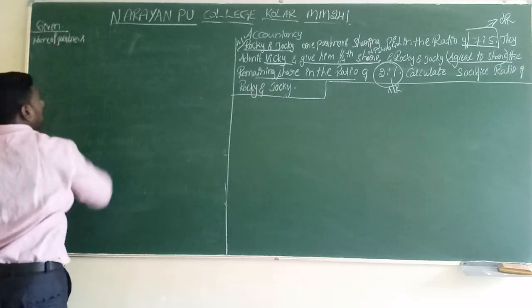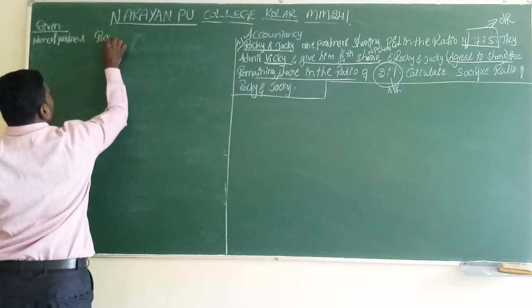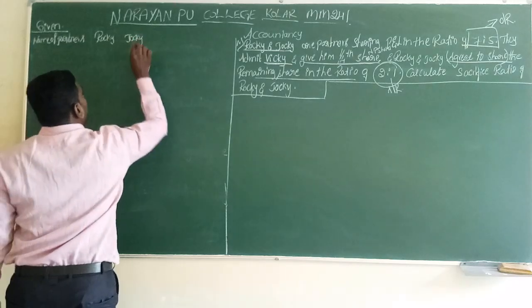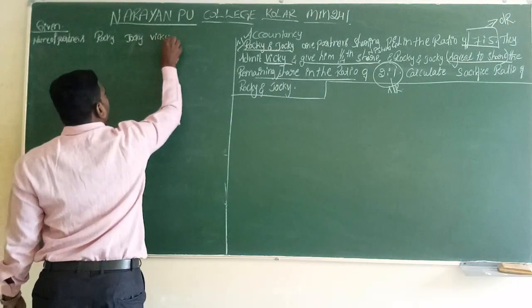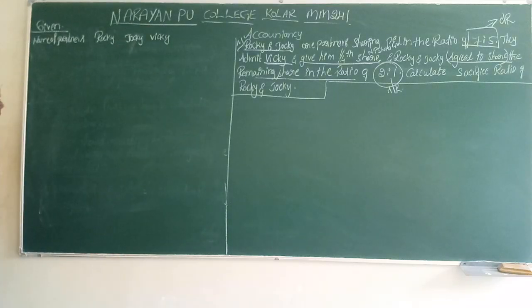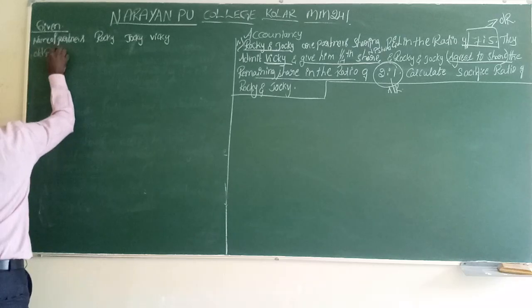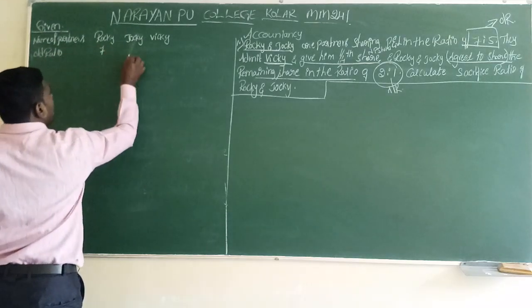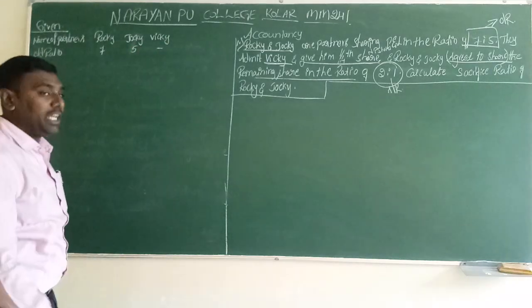Here 3 partners are there: first partner is Rocky, second partner Jockey, third partner Vicky. Then the old ratio: for first partner 7, second partner 5, third partner 1. They don't have any share.